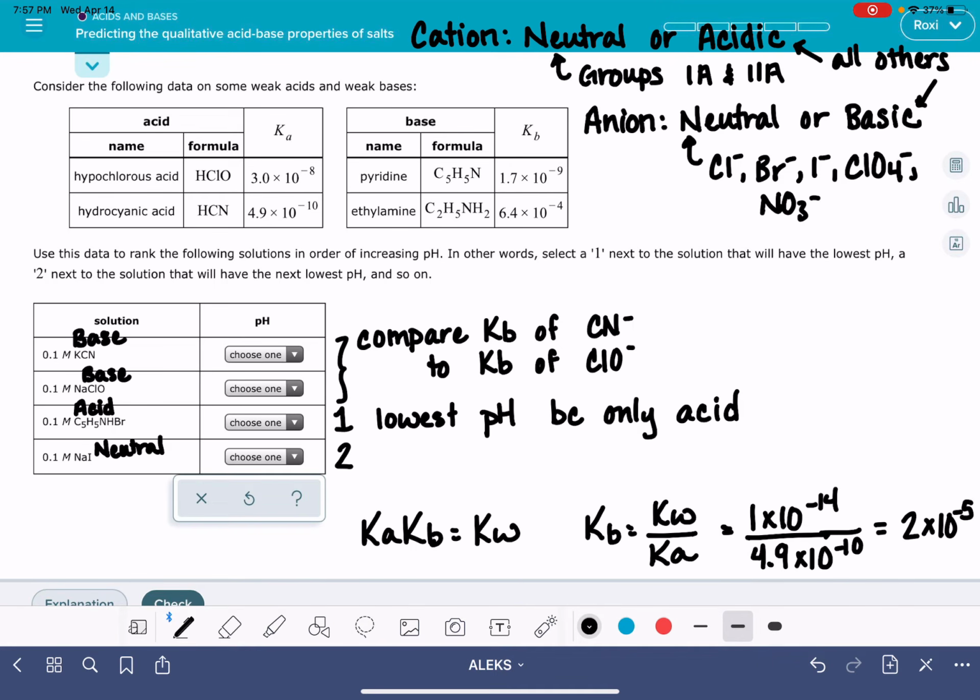So the Kb of cyanide is 2 times 10 to the minus 5.